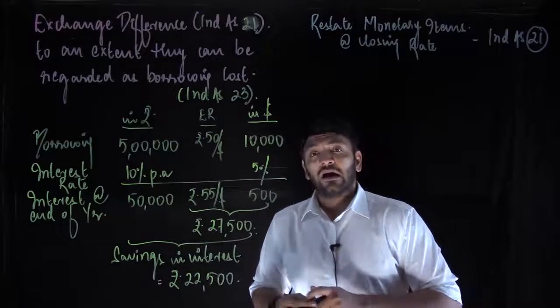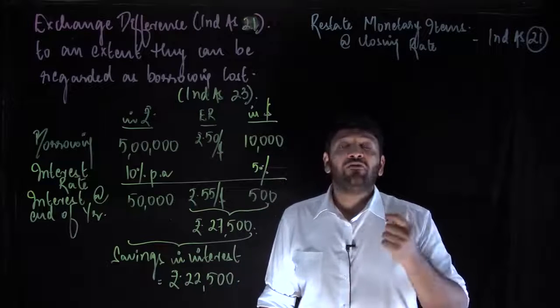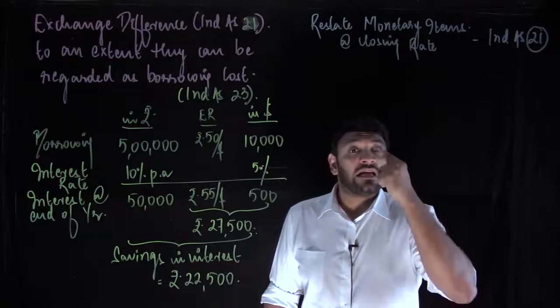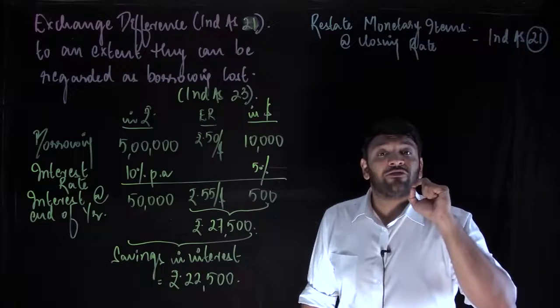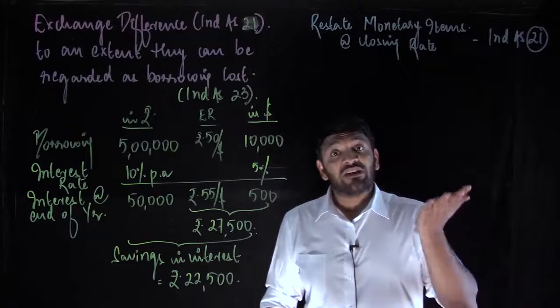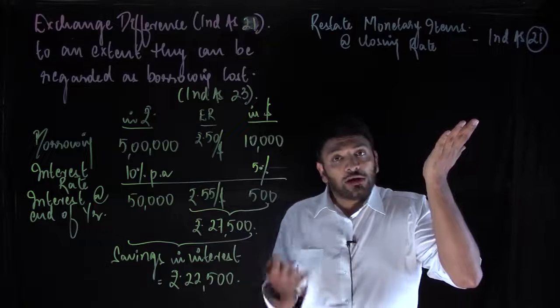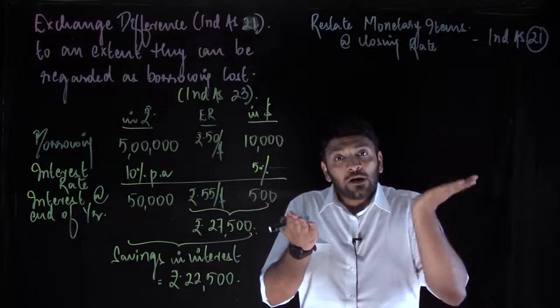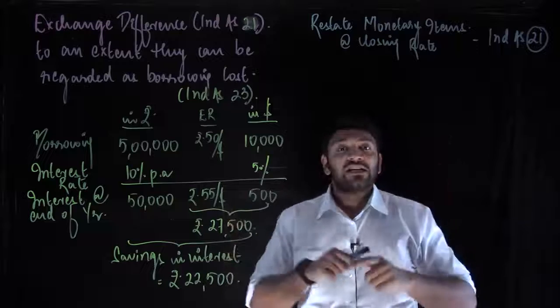Earlier I would have recorded the borrowing as 5 lakhs, but now I have to repay $10,000 buying each dollar at 55 rupees. That means I have to spend 5,50,000 rupees to repay the borrowing. The borrowing has increased in value in rupee terms. Though in dollar terms it is 10,000, in rupee terms it has increased from 5 lakh to 5,50,000. The reason is the exchange rate.